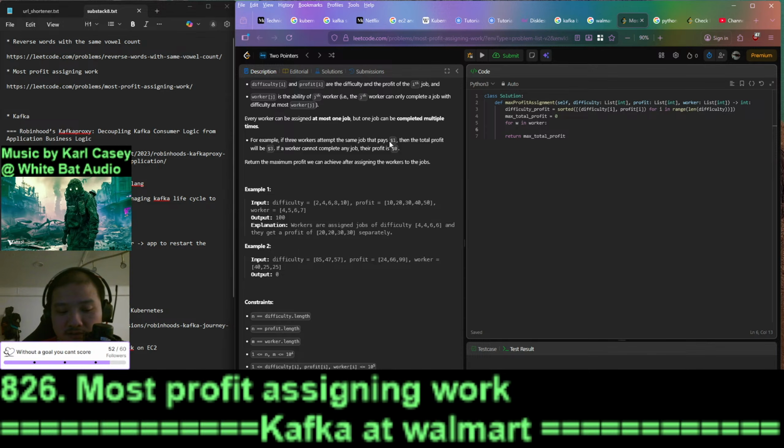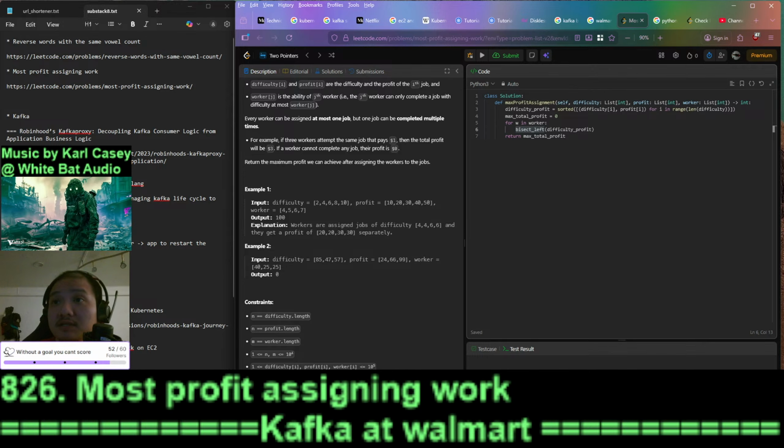So this is bisect left of difficulty profit. Does it let me use bisect left, or do I have to implement bisect left?